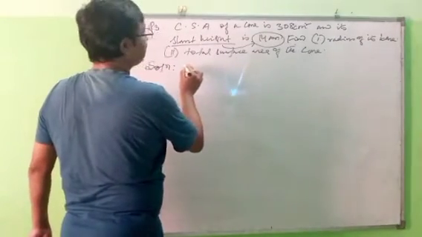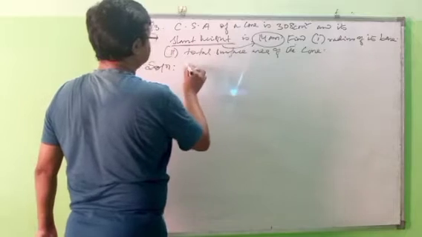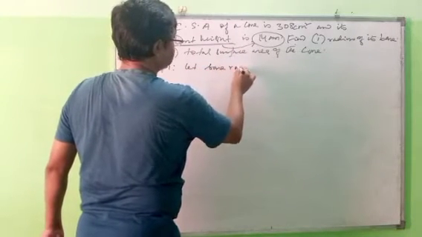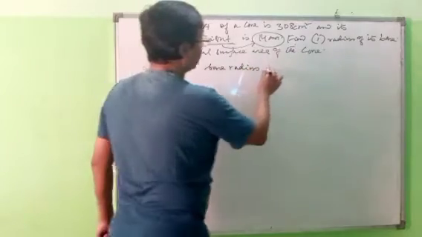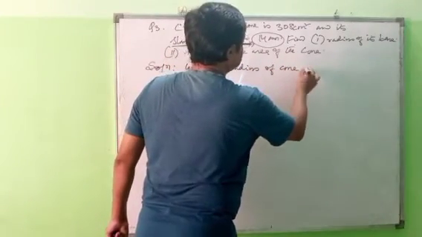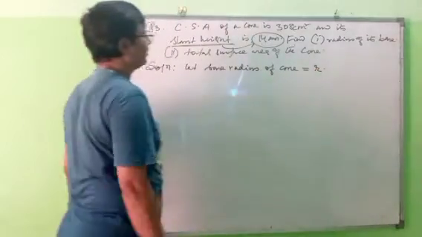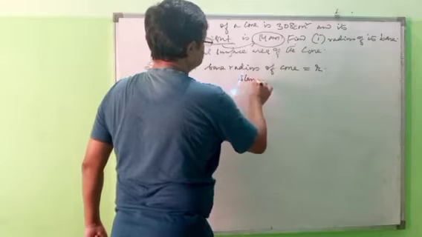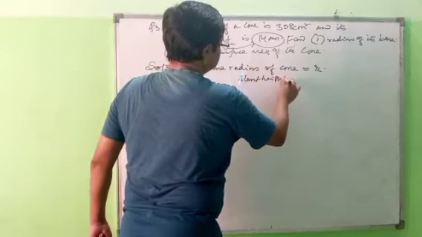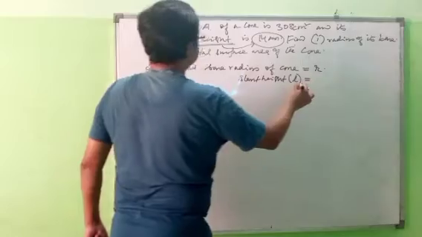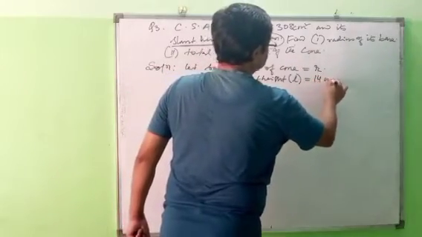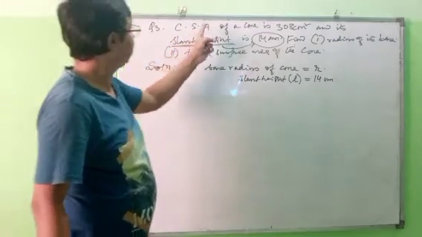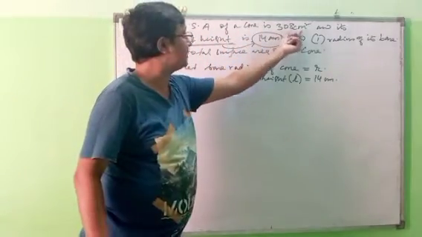So here they have given the slant height. Let us take the radius. Let the base radius of the cone be denoted by R, and they have given the slant height, denoted by L, equals 40 centimeter. They have given in the first part that the curved surface area of the cone is 308 centimeters square.